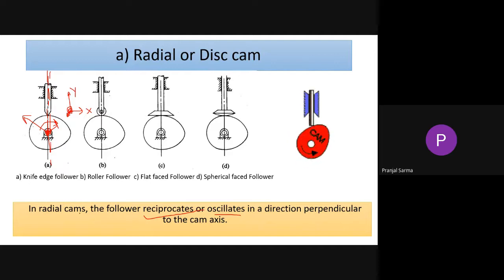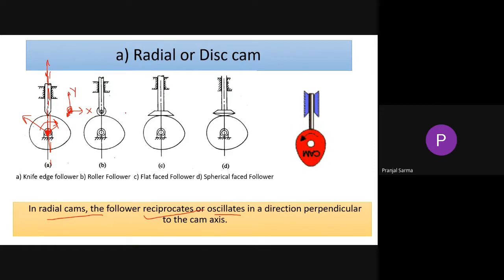So in a radial cam, in this direction the follower has the motion, so it will be in a direction perpendicular to the cam axis. There may be many different situations, depending on the different shapes of cam.